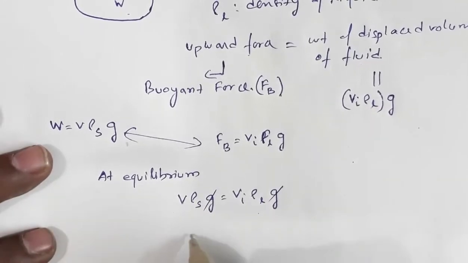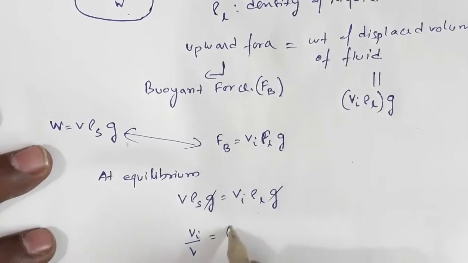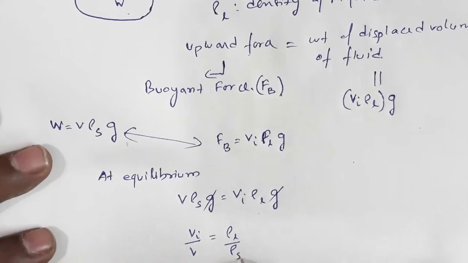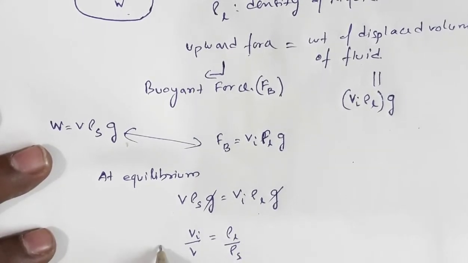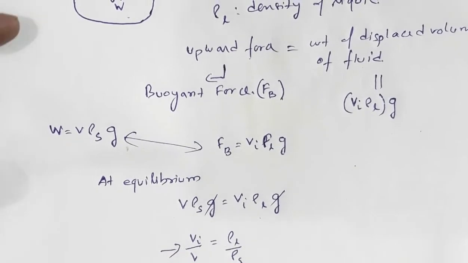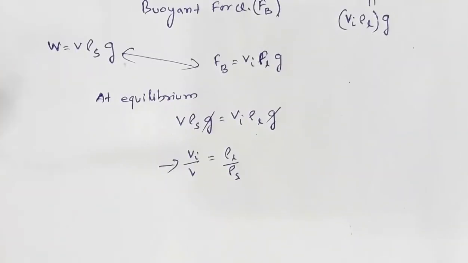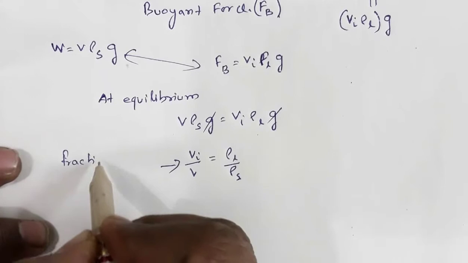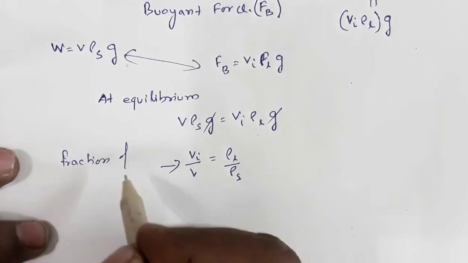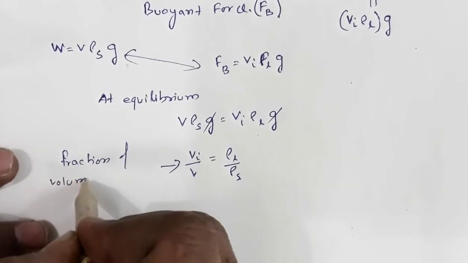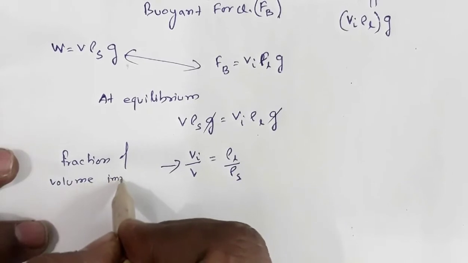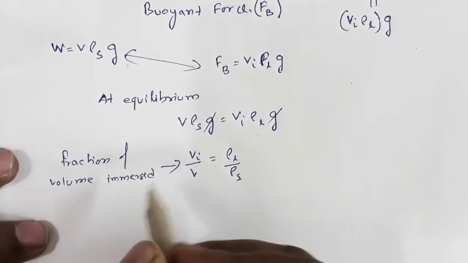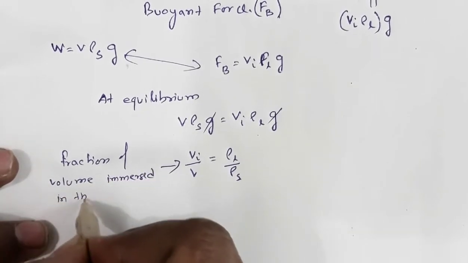So we have Vi by V is equal to rho L by rho S. Now, this quantity Vi by V, what does it give? It gives the fraction of volume immersed in the liquid.